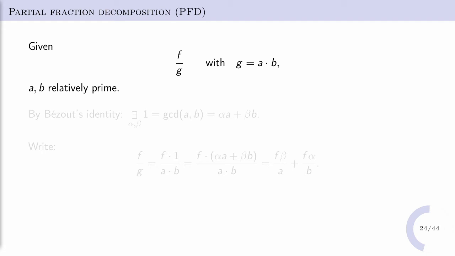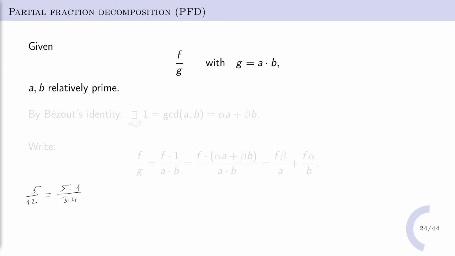So suppose that we have a rational number 5 over 12. Then the number 12 can be factored as a product 3 times 4. So we can write it as 5 times 1 over 3 times 4, where the two factors in the denominator are relatively prime.